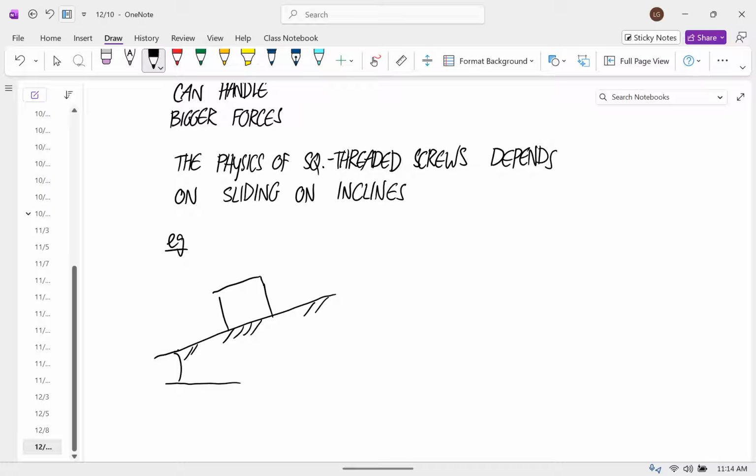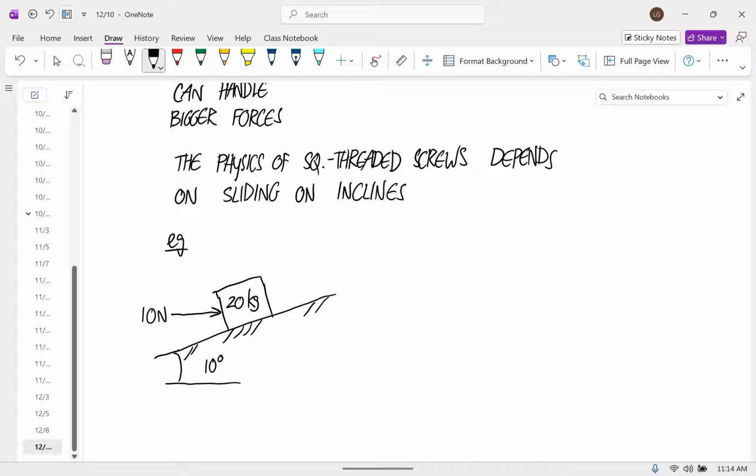Let's say that this is 10 degrees, and let's say that this has a mass of 20 kilograms. And let's say that there's a force pushing it up that's horizontal of 10 newtons.